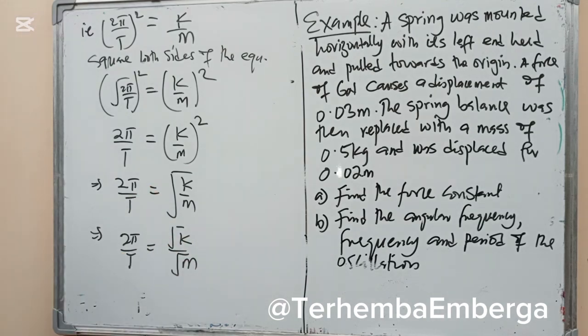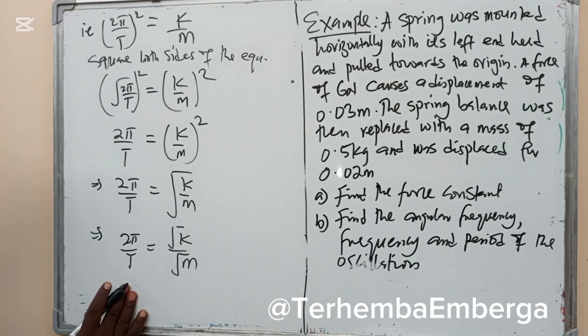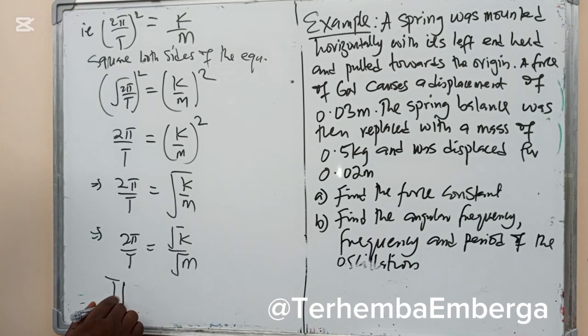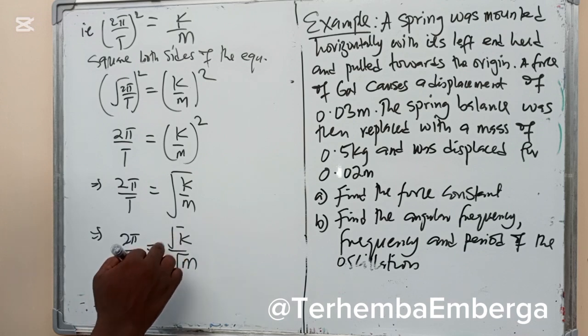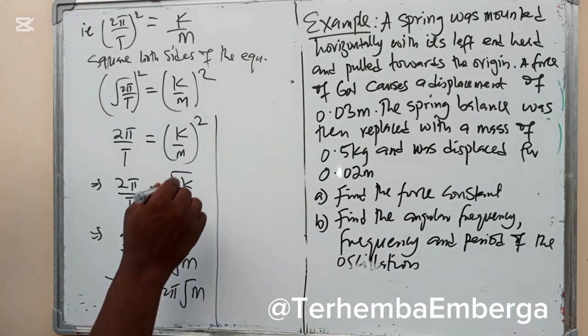We can write it this way. So by the time you cross multiply, we have t square root of k equal to 2 pi square root of m.